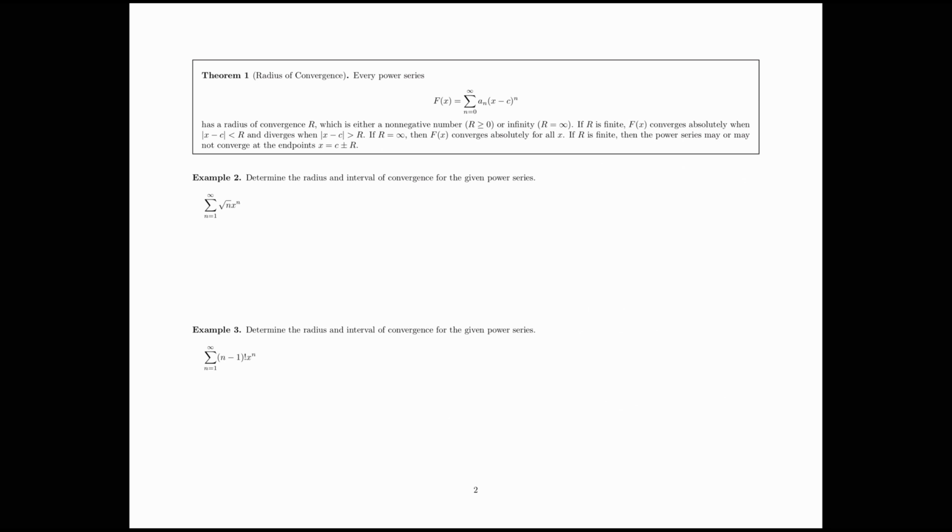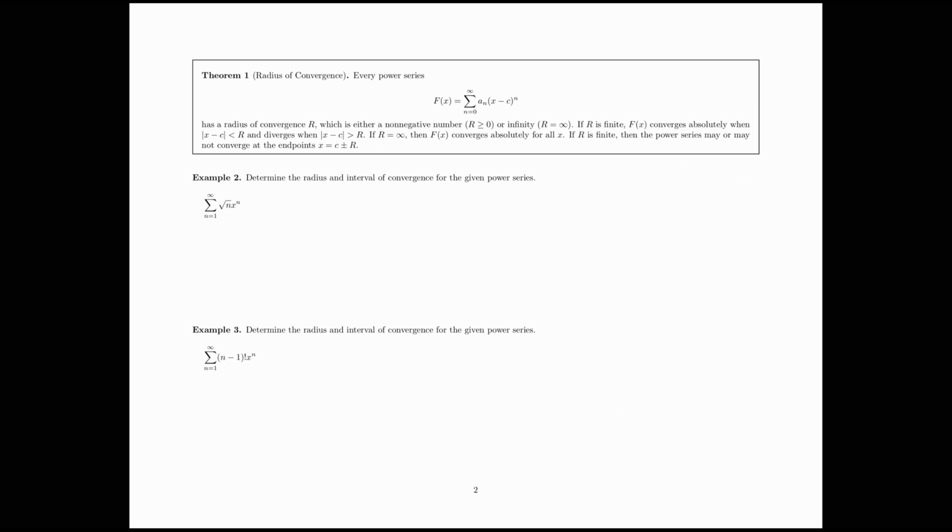If R is a finite number, then the power series f converges absolutely whenever we consider values of x that are at most a distance R away from the center. Strictly less than that.